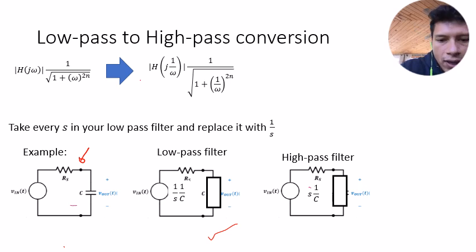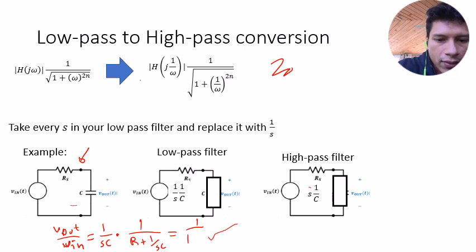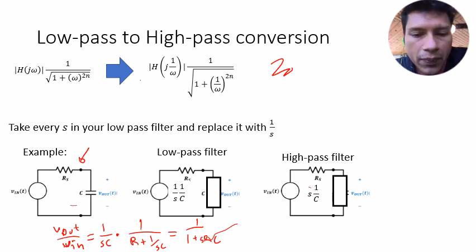For this circuit, V out over V in, this is just a voltage divider, is 1 over SC times 1 over R plus 1 over SC, which is simply 1 over 1 plus SRC, basically. I just multiplied it out.